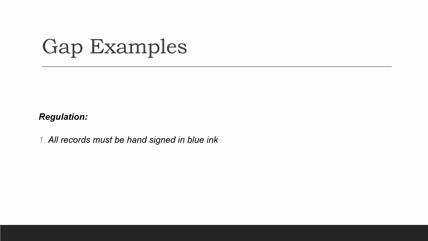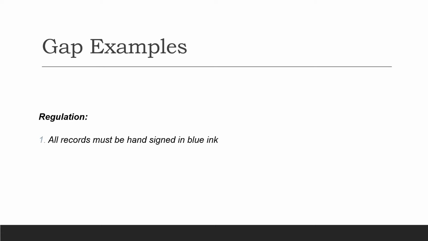Before we can examine our documents for gaps, we need to determine what regulation we're going to be comparing them to. And when I say regulation, much like document is kind of a catch-all term, well, so is regulation, at least for my purposes.